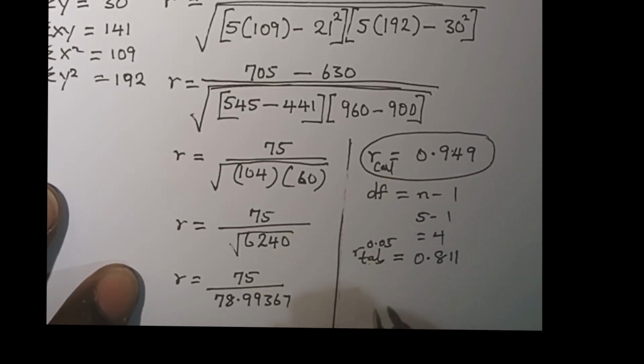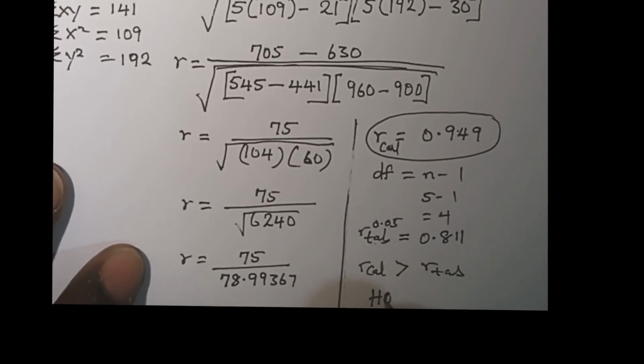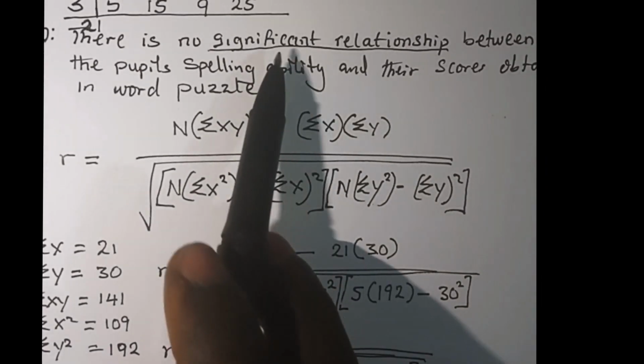Now we can compare this r tabulated to our r calculated. By implication, it means the r calculated is greater than the r tabulated. Hence, our null hypothesis will be rejected. So rejecting this null hypothesis therefore means that the relationship is not only positive, but it is also significant.